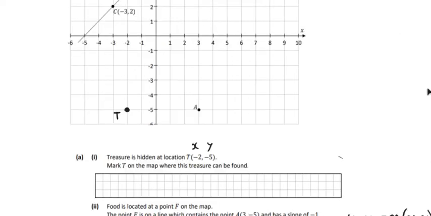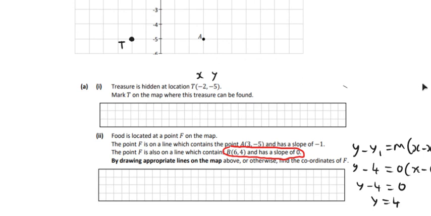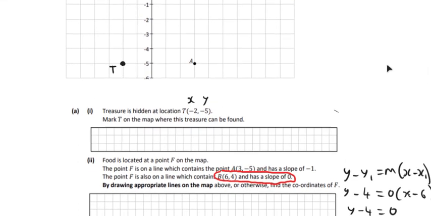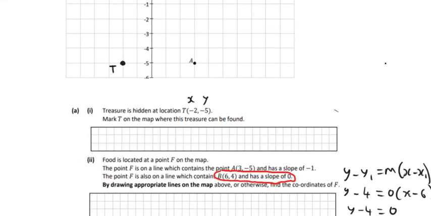The other line then, we have to plot it. There's probably a couple of ways you could do this. You could find the equation of the line, put it into that formula, figure out another point that it goes through, and then draw the line. What I'm going to do, because the slope is -1, a slope of -1 means that the line will be going down from left to right.